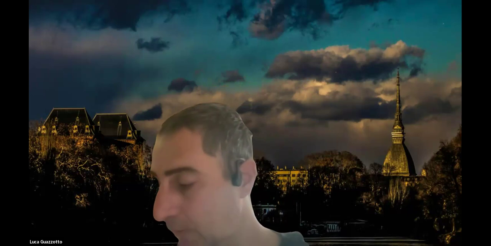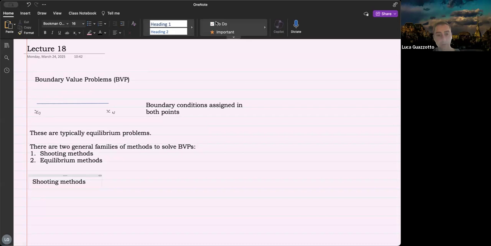Let's consider an example. Let me share my screen again. Let's say we want to solve this equation. Second derivative of y with respect to x squared is equal to some function of x. Y of 0 is equal to y0.